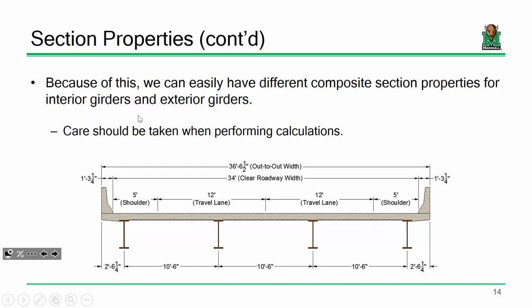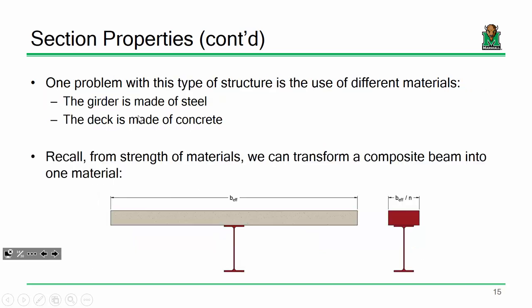That's not 10'6", right? Make sense? Because of that, I can have different section properties for interior girders and exterior girders. Make sense? So one thing about this course and about bridge engineering in general is make sure you're cognizant of your bookkeeping, making sure you're well organized with what you do. All right. Sound good?